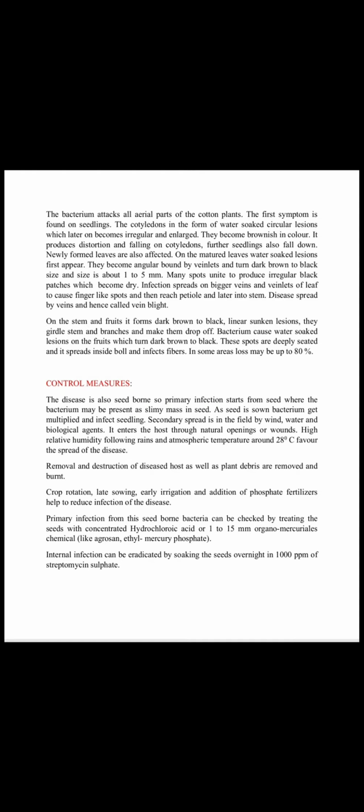The cotyledon looks as if it has been soaked in water, and then it turns enlarged and dark brown. Newly formed leaves are also affected. On mature leaves, water-soaked lesions first appear, and then they become angular, bound by veinlets, and turn dark brown. The size is about 1 to 5 mm.